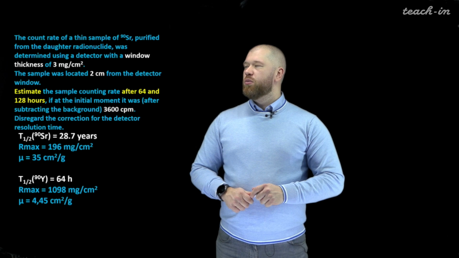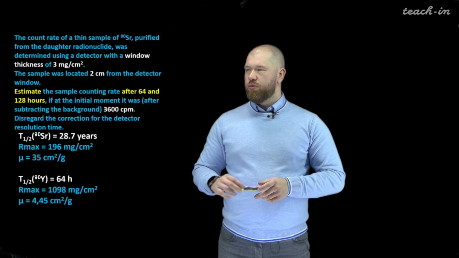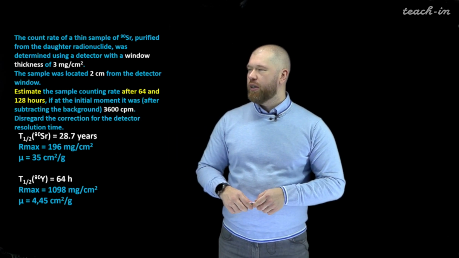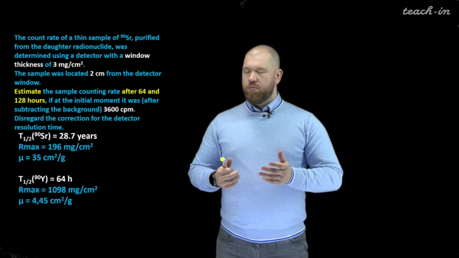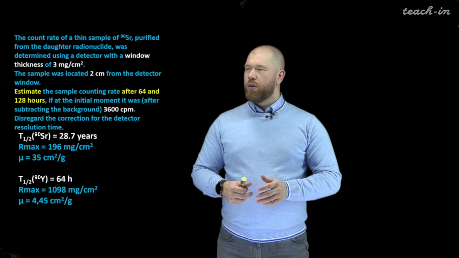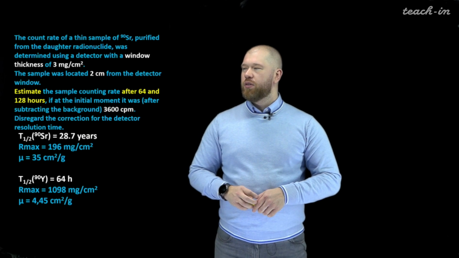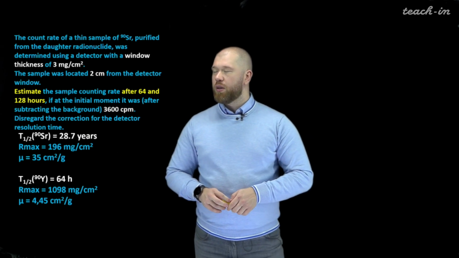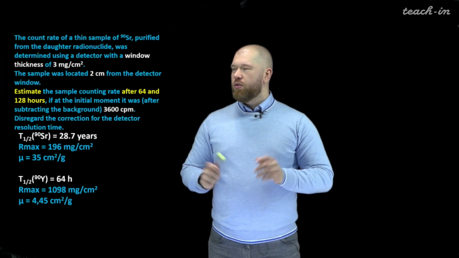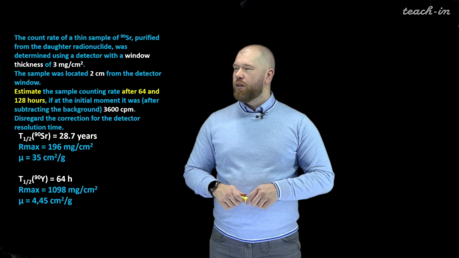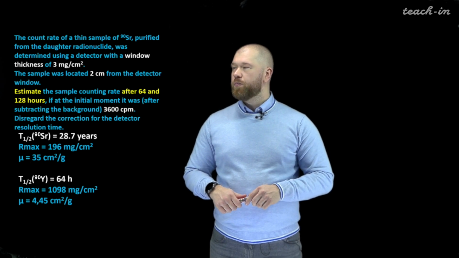And we have to estimate the sample counting rate after certain times, 64 and 128 hours, if the count rate at the initial moment when the sample was purified is 3600 CPM, so counts per minute. And we can just not take into account the correction for the resolution time of the detector.